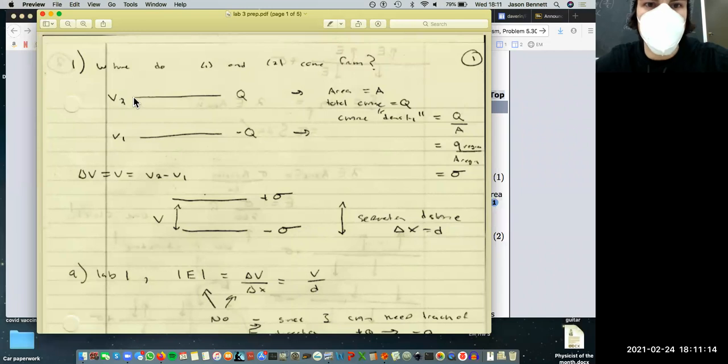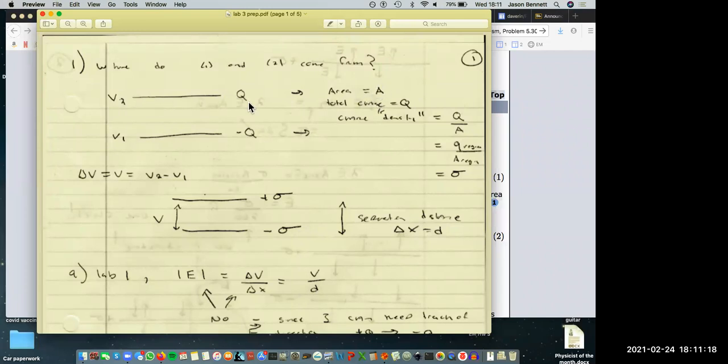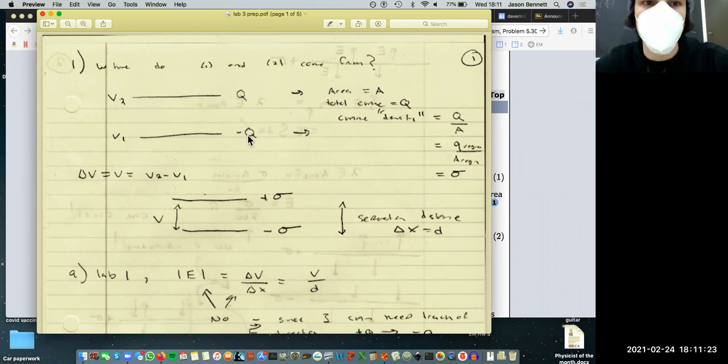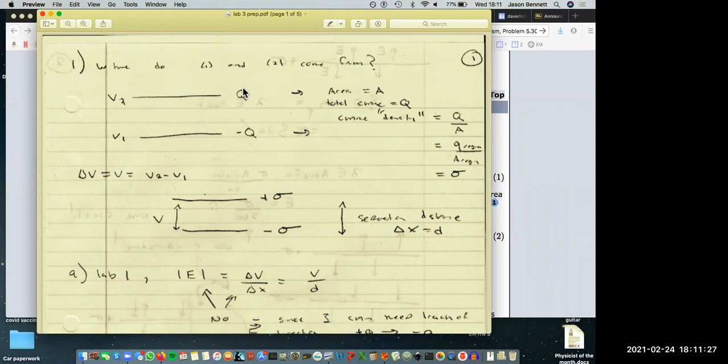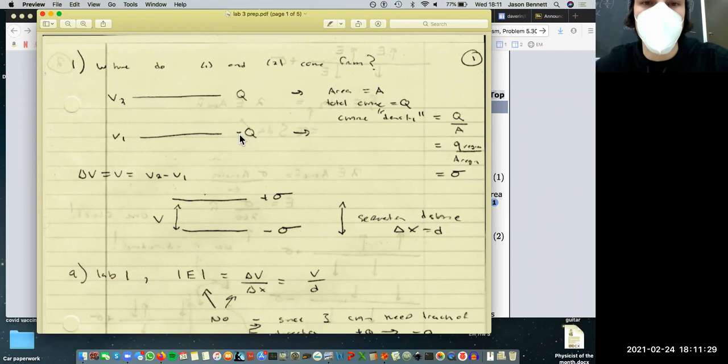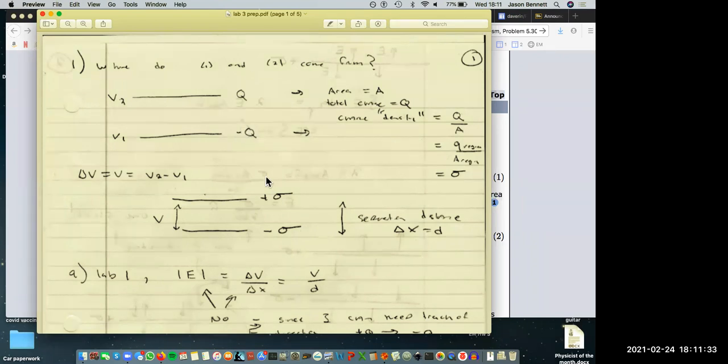And imagine that the parallel plate has an area, I'll call the area A, and I'll say that the total charge on each of the plates is plus and minus Q. That was the result of our lab 1: one of them was a Q and the other was exactly opposite, a minus sign, the same magnitude.